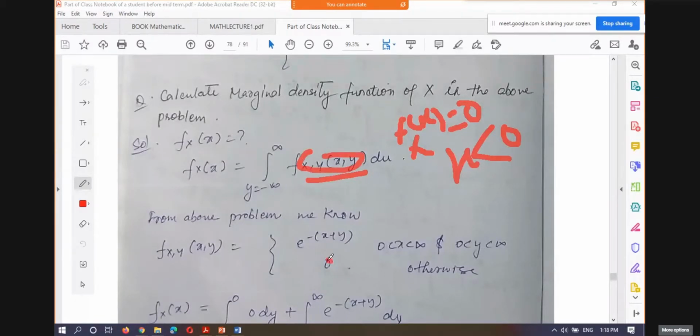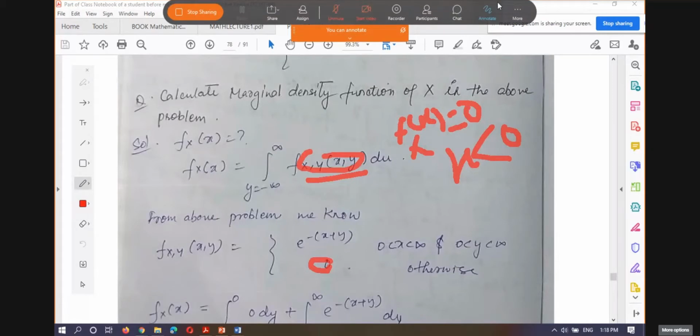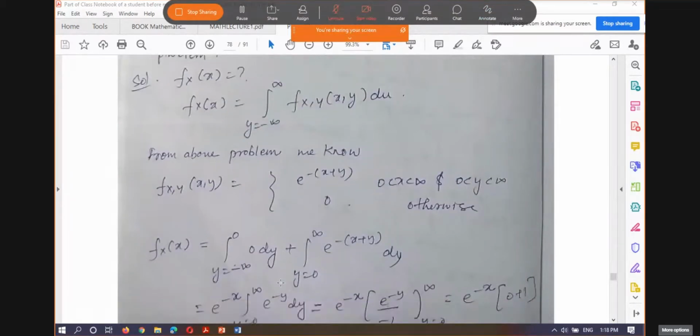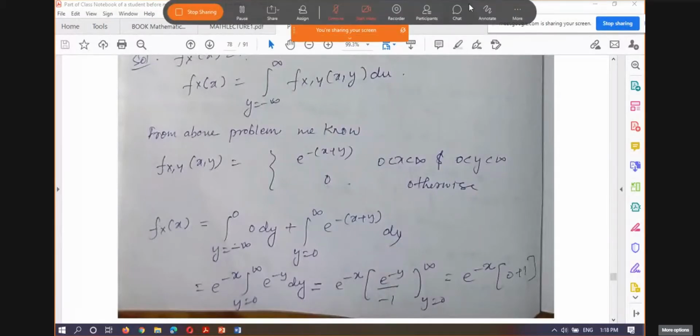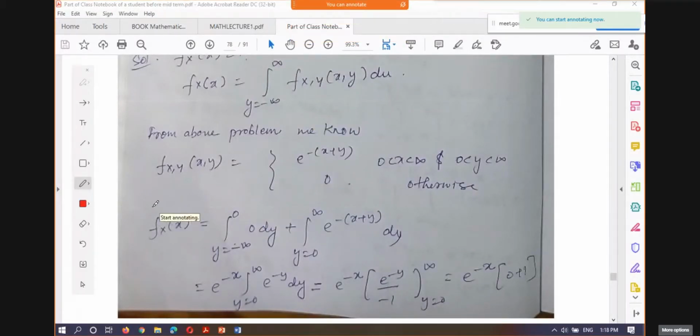So f of x is 0 if x is less than 0. And for x greater than 0 and less than infinity, we have already solved it here. If x is greater than 0 and less than infinity, then we have to do all this calculation.